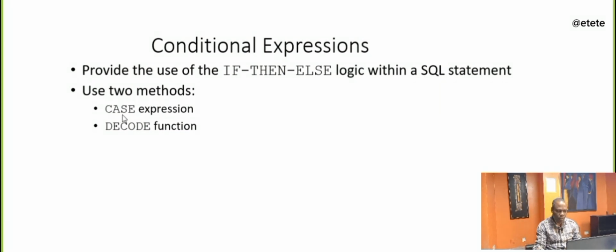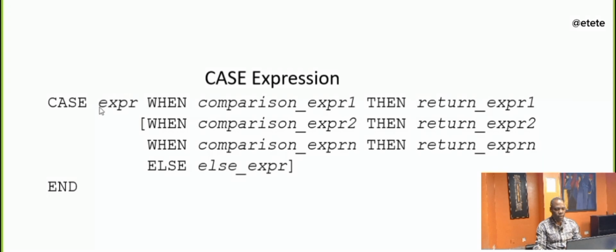So the syntax for the case expression is this. The keyword is case. Then this expression is either a column or an expression or column name that I'm going to put here. Then the when clause. Then the comparison expression, which you are going to use to compare. So you are going to compare this expression to whatever this one returns.